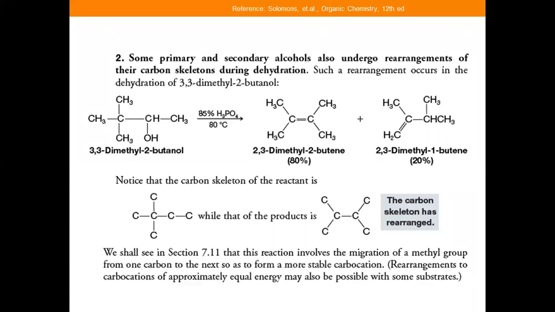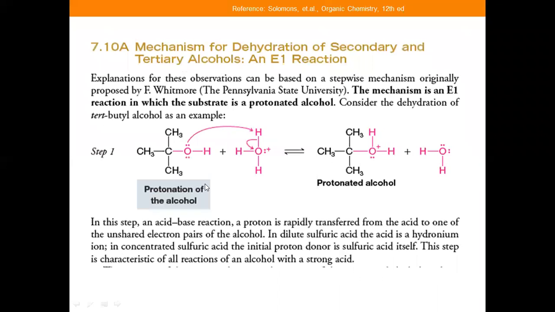Before we go into details on how this rearrangement happens, let's first talk about the mechanism of the dehydration of alcohols. Let's focus on an E1 reaction. Our substrates are usually secondary and tertiary alcohols. The first step in the E1 reaction is the protonation of our alcohol.